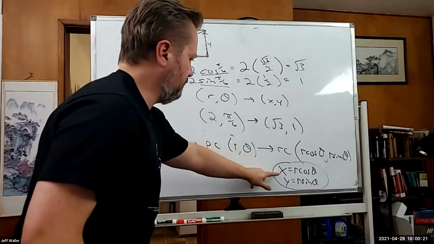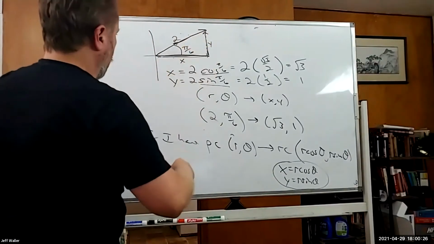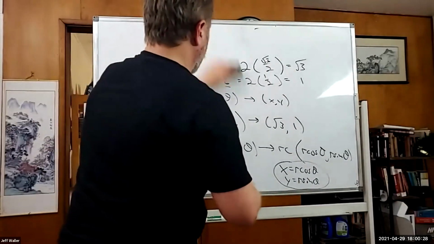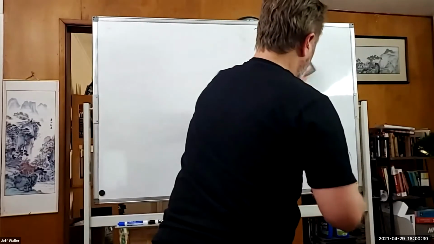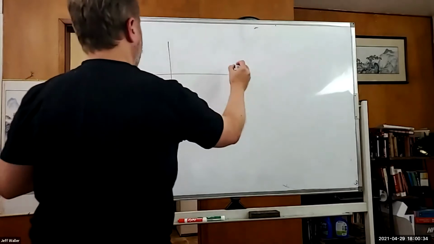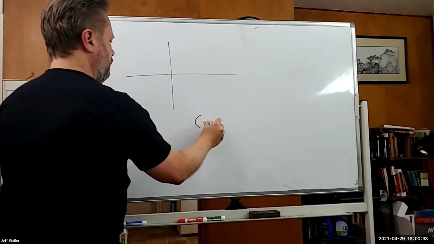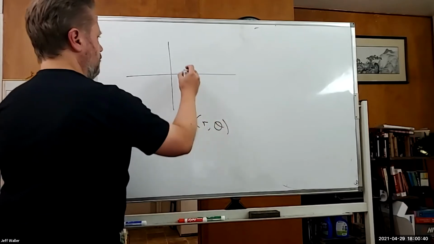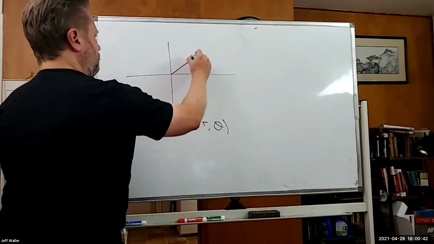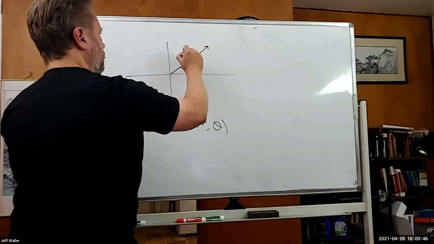So let me talk real quick about what we did yesterday. We have a rectangular coordinate system. If I give you r, theta, that means go by an angle of theta and walk out r.